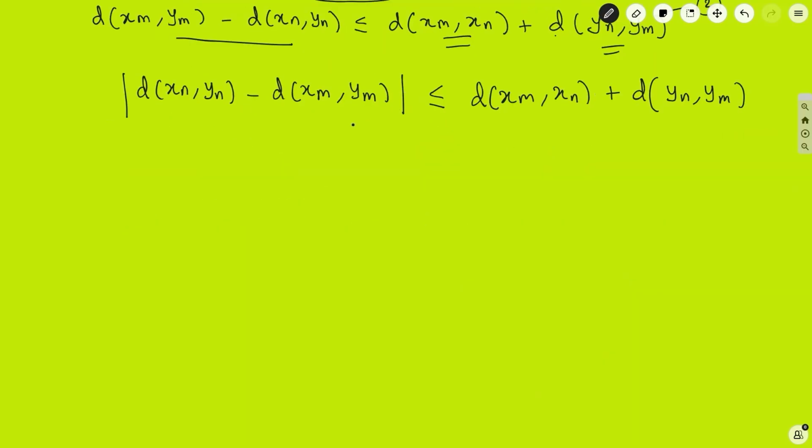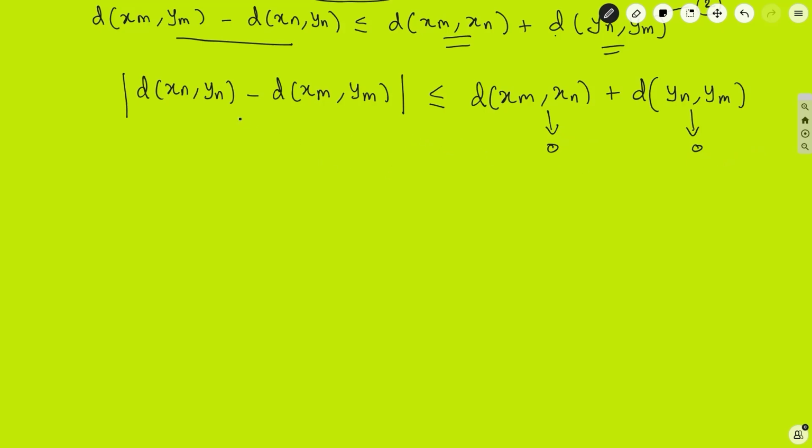Next part of the proof: remember, these are all Cauchy sequences from our original space X. Notice that the distances on the right are extremely small. If you choose m and n appropriately, so that m and n are extremely large, this can be made extremely small. That means this goes to 0.